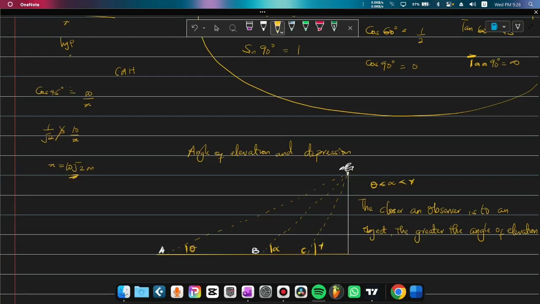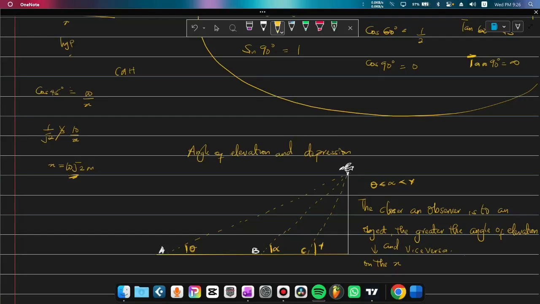The closer an observer is to an object on the x-axis. That's a very, very important part. The closer you are to an object on the x-axis, the greater the angle of elevation, and vice versa. Which means the farther you are from an object on the x-axis, the lower the angle of elevation.